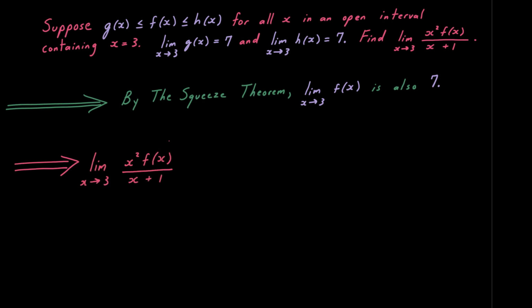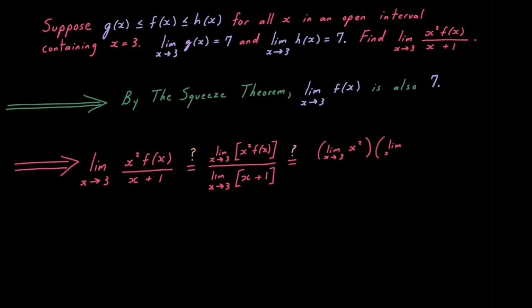With that in mind, we fall back on our limit laws for the limit of the thing I'm trying to find. I can break it up into limit of the top divided by the limit of the bottom, provided that those limits exist. That's why I'm putting the question mark there tentatively. I can break up that quotient of limits like so: limit of x squared, limit of f of x, and limit of x plus 1. And I can do that if they exist individually.